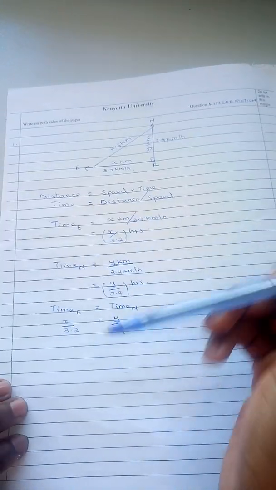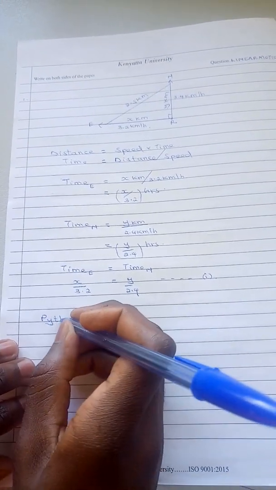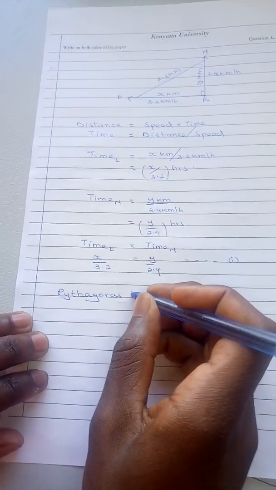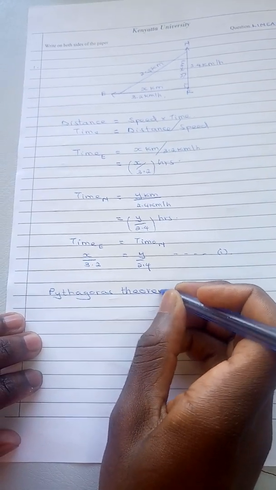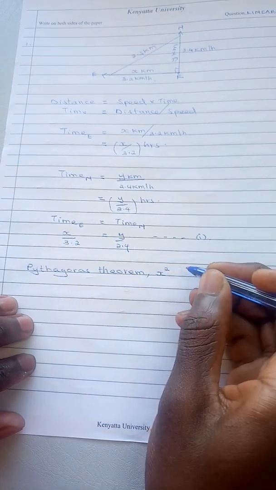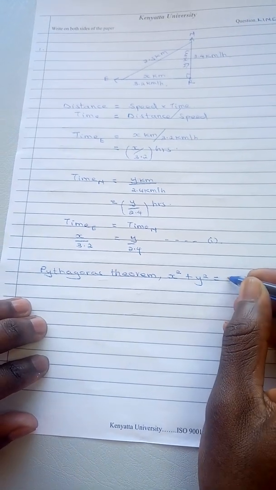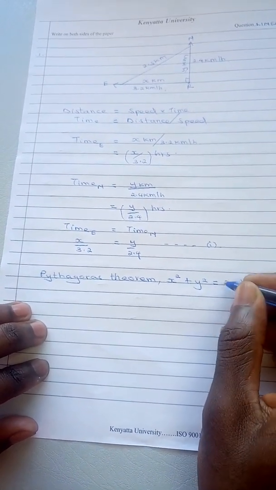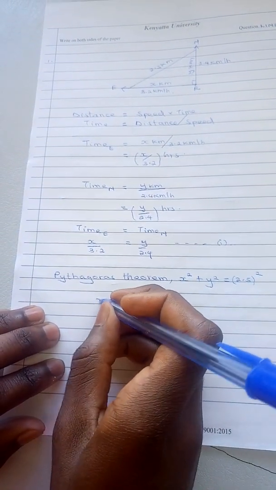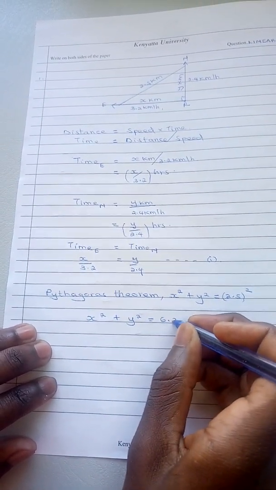So it means, from Pythagoras' theorem, x squared plus y squared is supposed to give us 2.5 squared, and that gives x squared plus y squared equals 6.25.